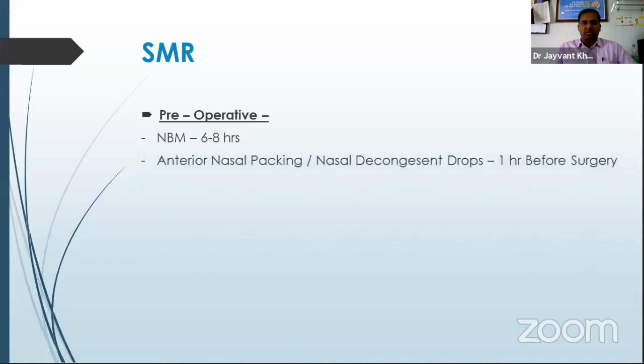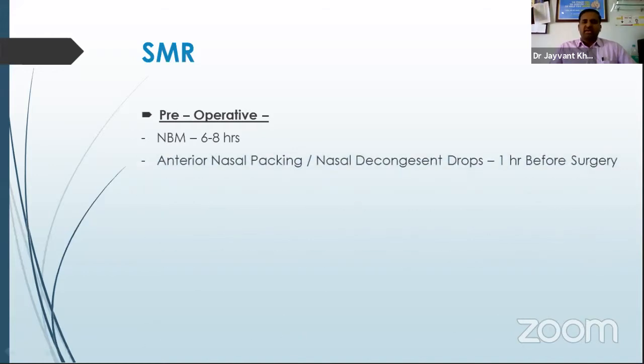Okay. Then what are the measures in preoperative? NBM is highly indicated for operative procedures, whether there is general anesthesia or local anesthesia. Before operation, you have to keep 6 to 8 hours NBM.